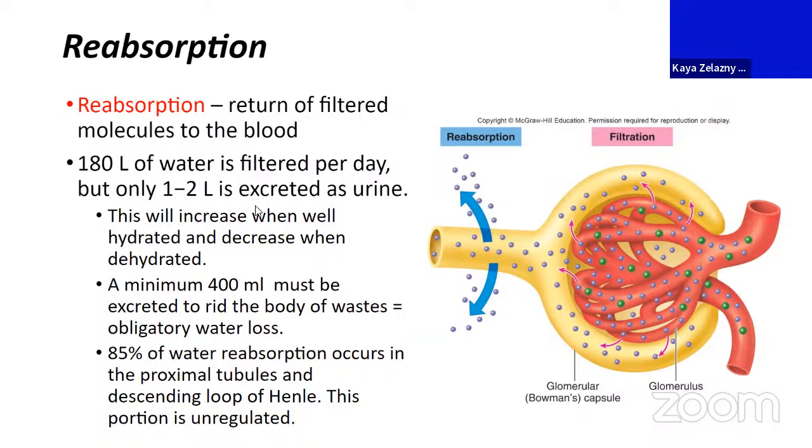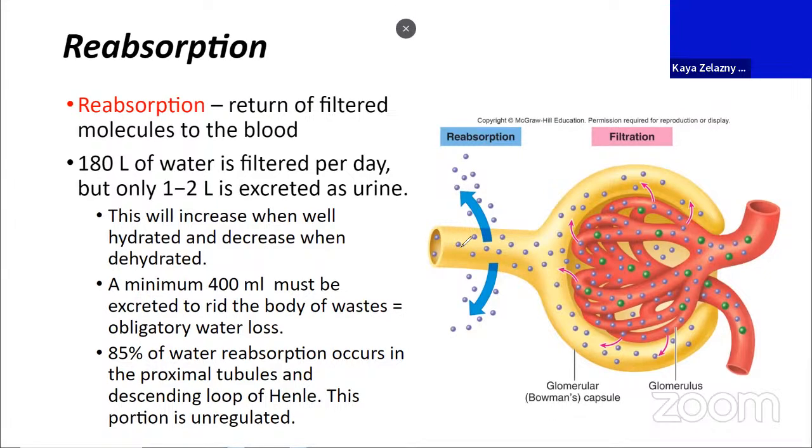So you might excrete less urine, but we are going to have a minimum amount that needs to be excreted in order to get rid of all your wastes. So we're thinking like metabolic wastes. So you need about 400 milliliters of fluid just to have all that stuff dissolved in something in order for you to actually urinate it out. So we think of 400 milliliters of this as your obligatory water loss. So it has to be lost.